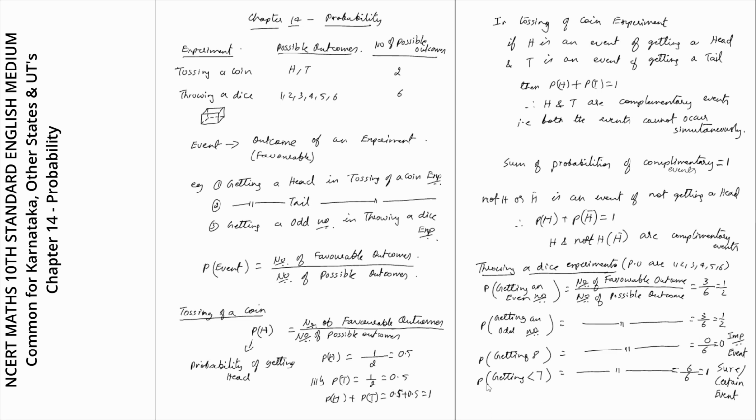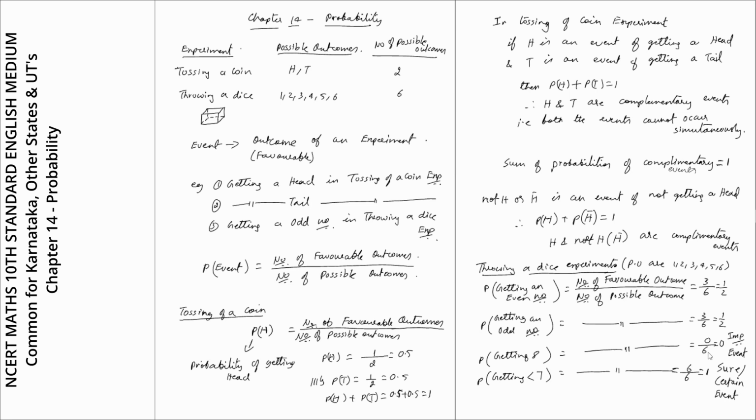Similarly, what is the probability of getting 8? Going by the standard definition, it is the number of favorable outcomes by the number of possible outcomes. The number of possible outcomes is 6 here also. And what is the number of favorable outcomes? Here it is 0, because no matter how many times you throw a dice, you get 1, 2, 3, 4, 5 or 6.